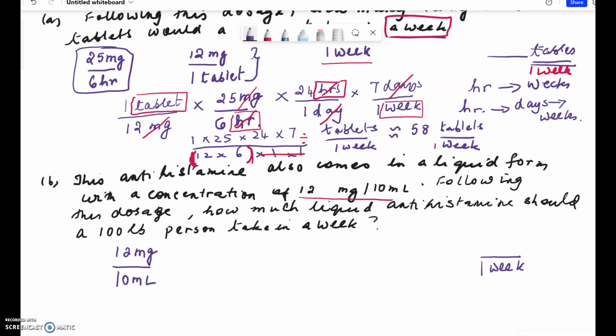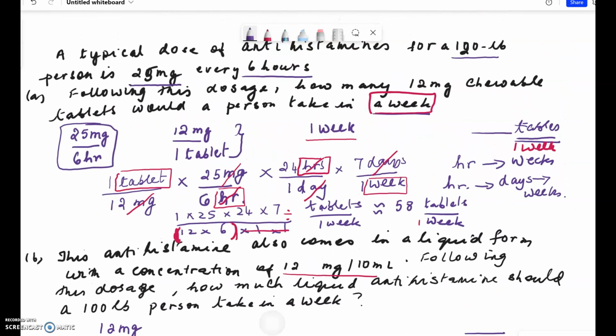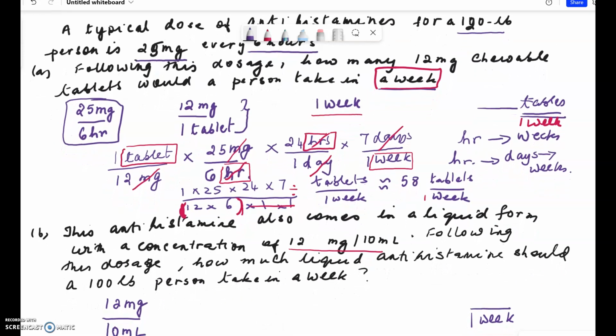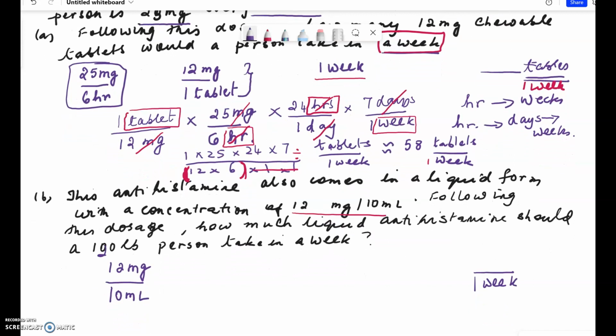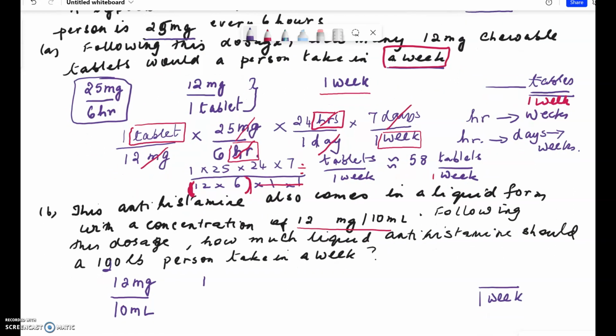A typical dose for a 120-pound person is 25 mg, so that should be 120. So it's 25 mg per 6 hours.